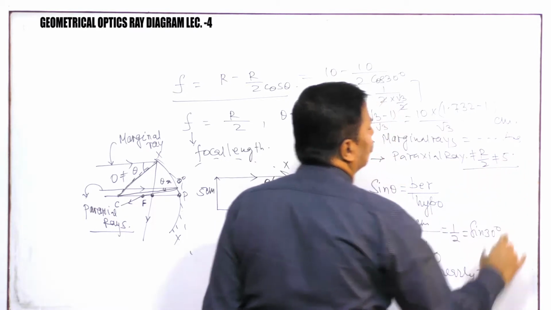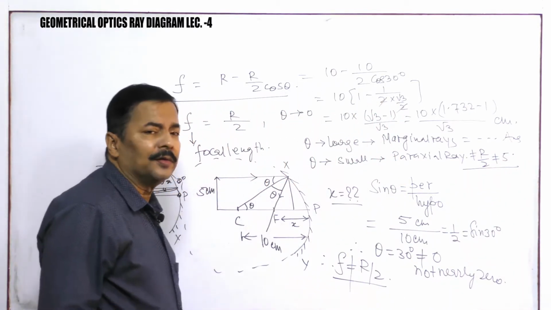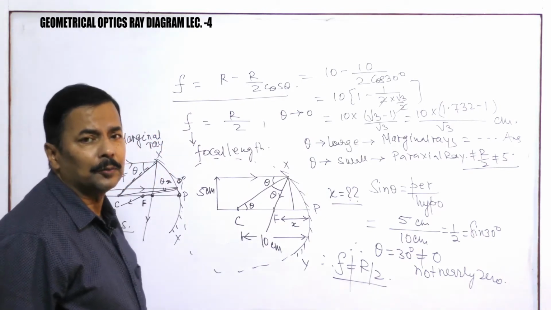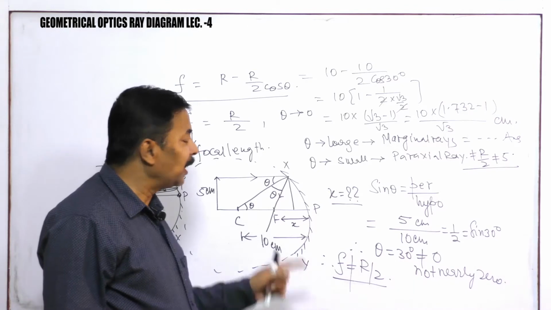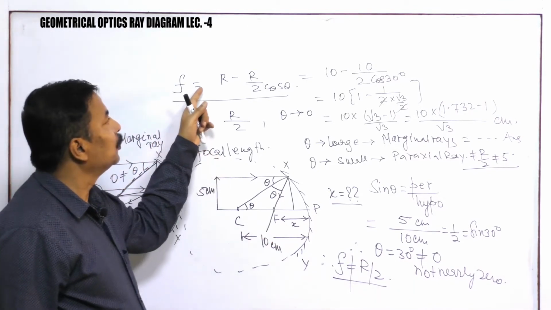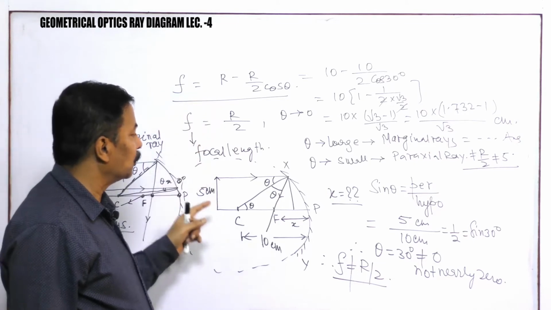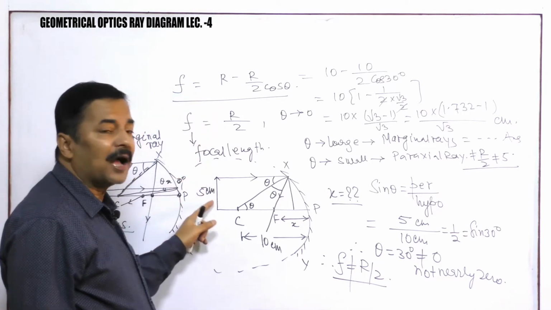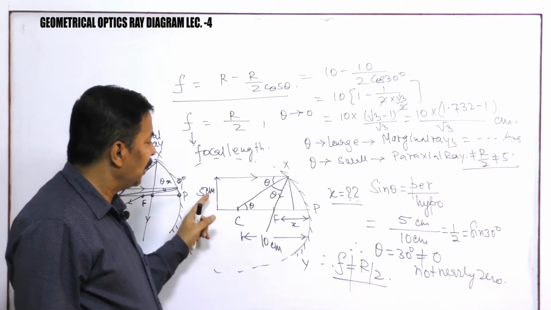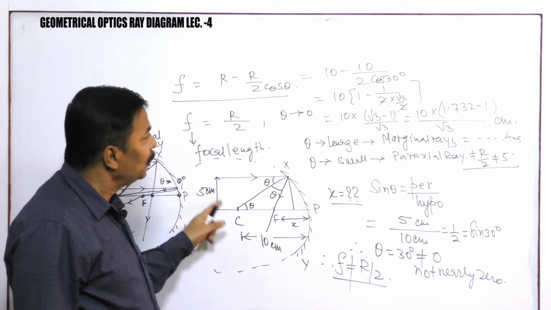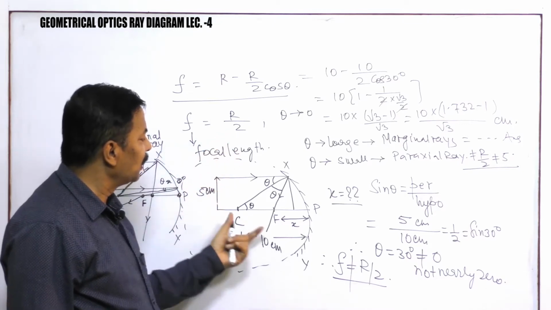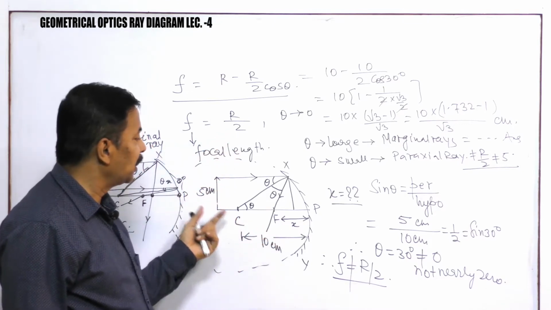You will check. So this is an example by which I want to make you feel when you have to use f is equal to r by 2 and when you have to use f is not equal to r by 2. If this is 5 millimeter, then you can use this formula, because 5 millimeter is negligible in comparison to the radius of curvature, but 5 centimeter is not negligible.